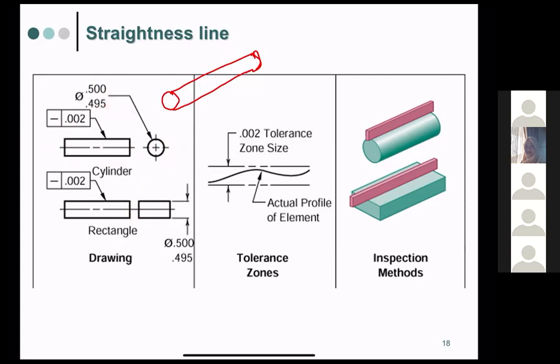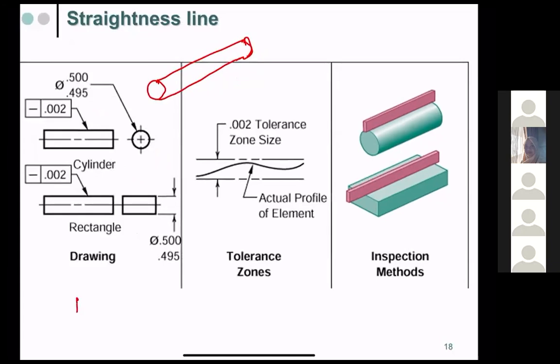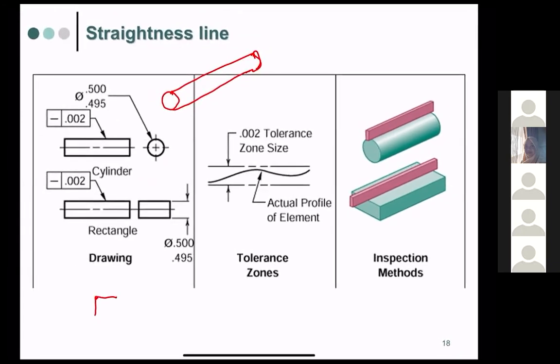Okay, and then now we have a rectangle like this, and then like a bar. Here it's not the diameter, but the distance is 0.5, and then this is the straightness, kelurusan.